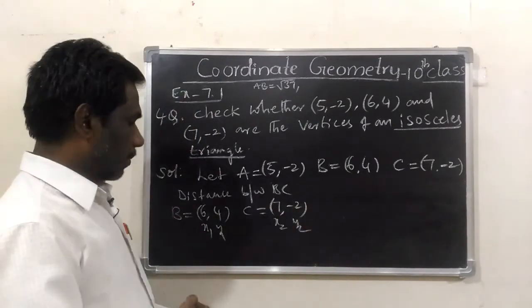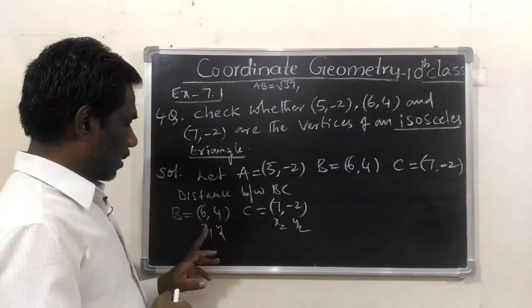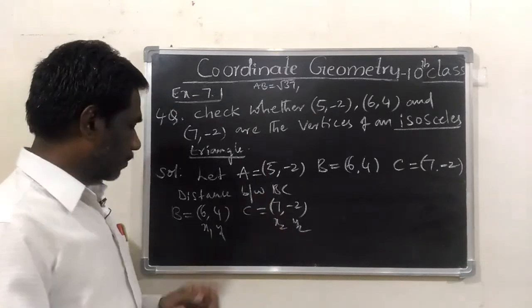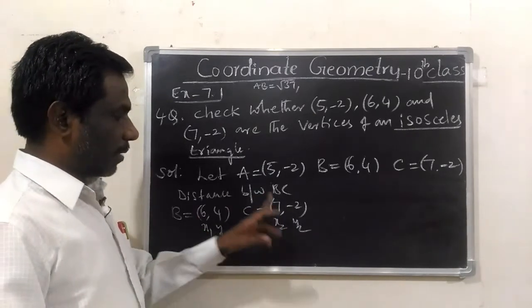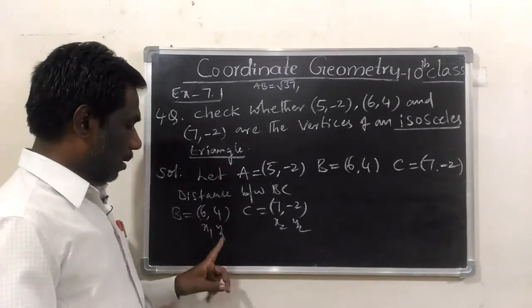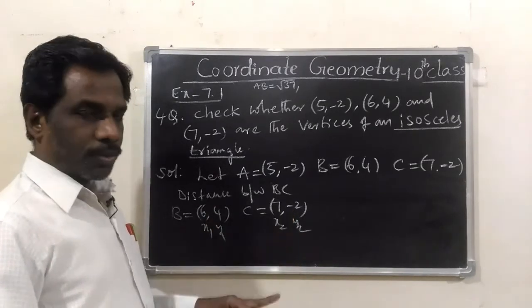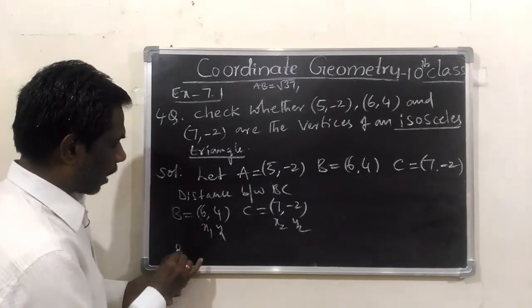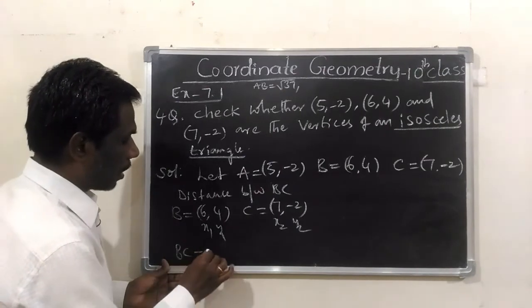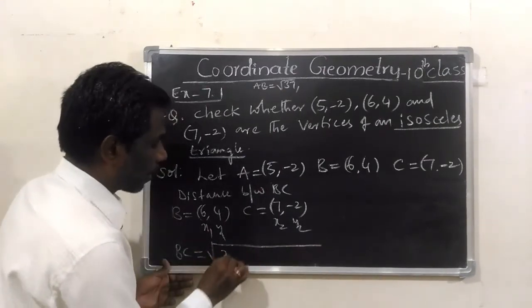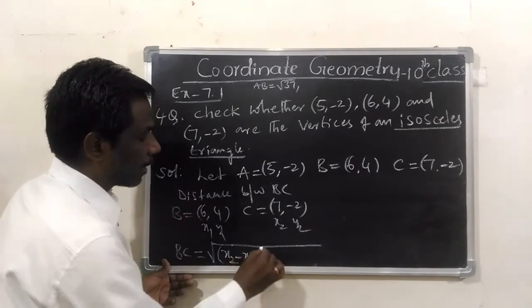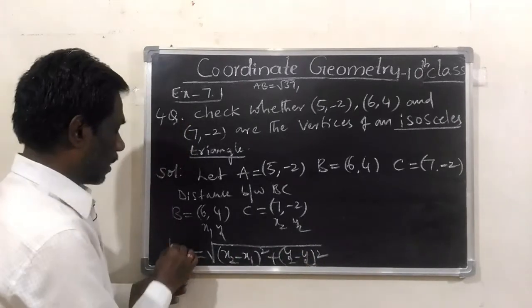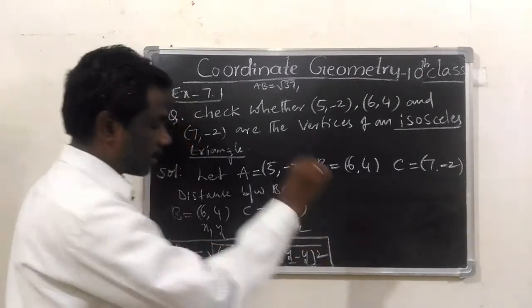Before we write the distance formula, check the x coordinates and y coordinates. x1 is 6, x2 is 7, so these are not equal. y1 is 4, y2 is -2, these are also not equal. Then we can use the distance formula. BC equals under root of (x2 minus x1) whole square plus (y2 minus y1) whole square.